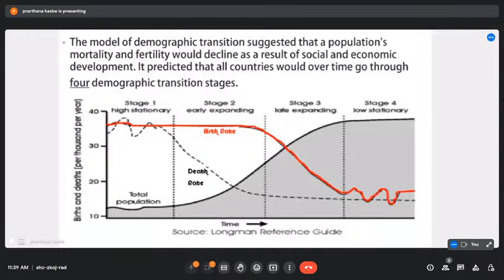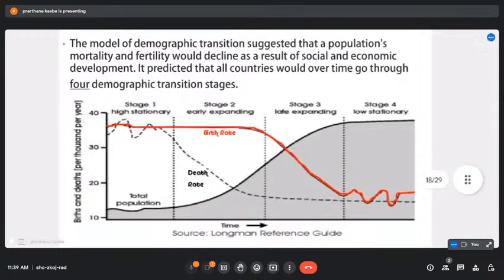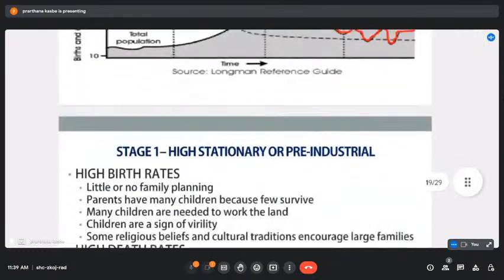Then in another stage, the birth rate is high and the death rate is slowly going down. And in the third stage, the birth rate is low and the death rate is also low. And in the fourth stage, both the rates are fluctuating, maybe both are low numbers.